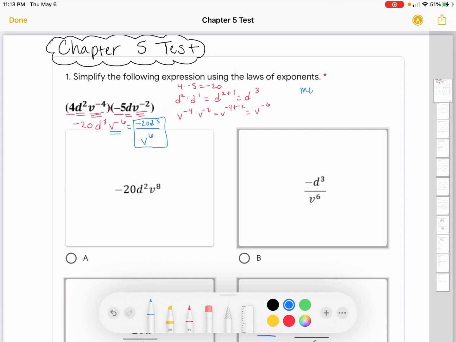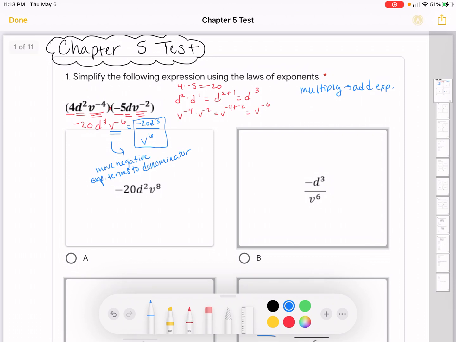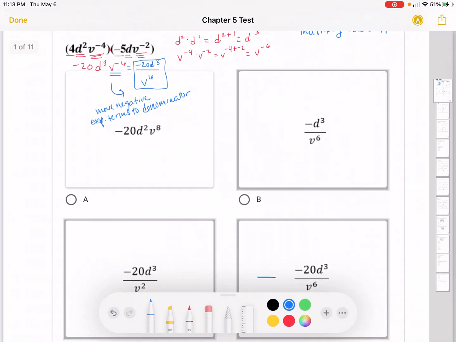So to summarize, when you multiply, you add exponents. And when you have a negative exponent, you move it to the denominator. So here the correct answer was D.